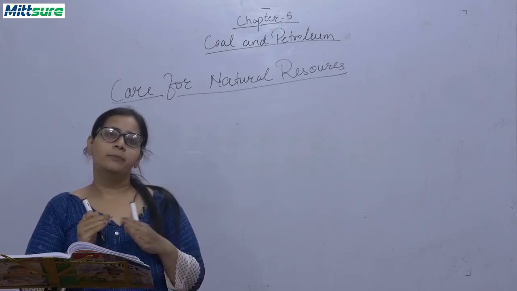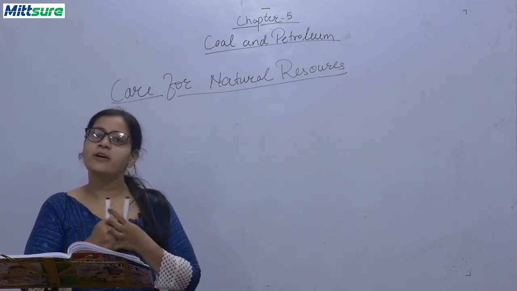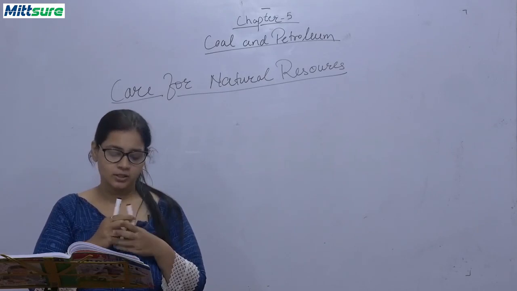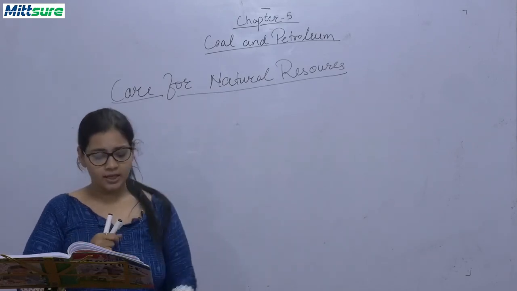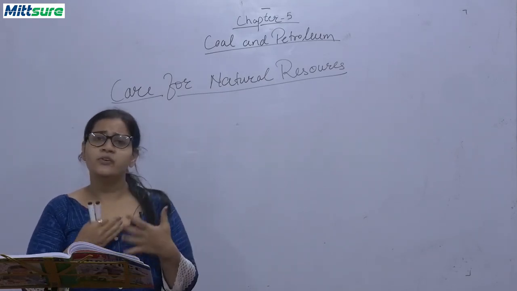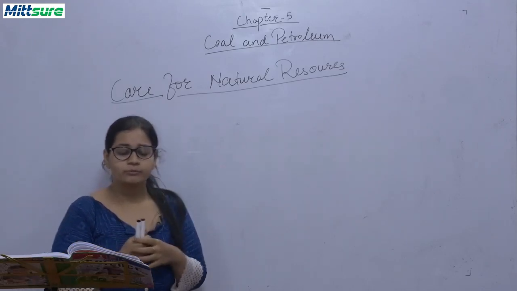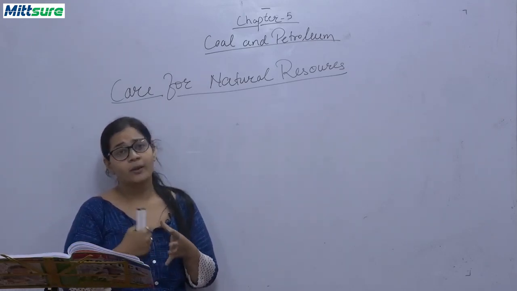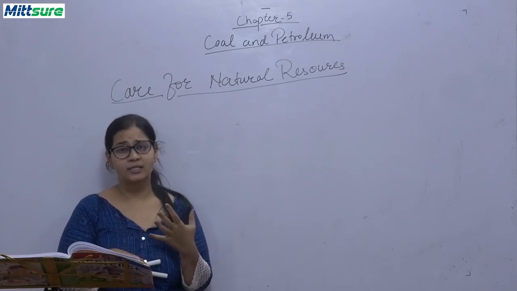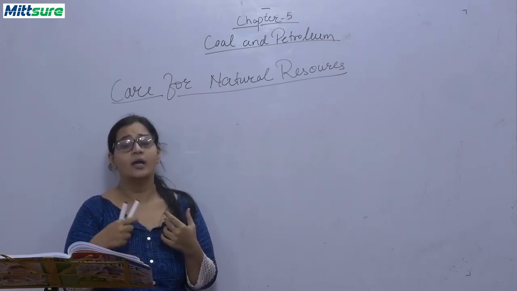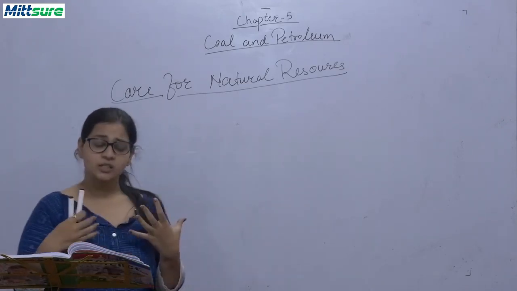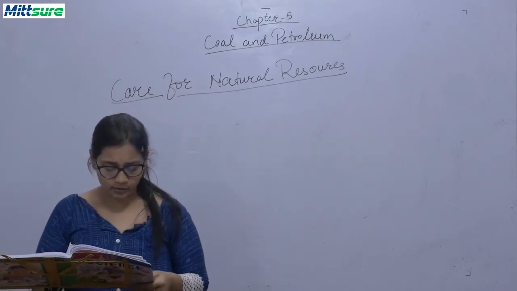Coal and petroleum meet 75% of our energy needs, and they are exhaustible and are getting depleted very fast. As they release a very high amount of carbon dioxide and other harmful gases, they are also polluting our environment, which is leading to the problem of global warming.